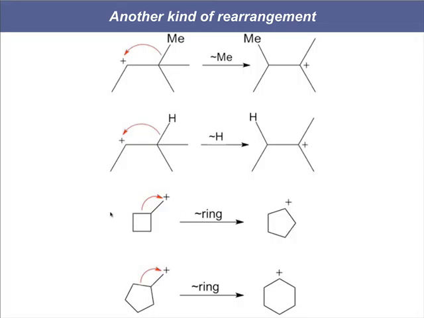That will happen very rapidly because the product is so much more stable than where we started. So you can go from a 4-membered ring to a 5-membered ring, or from a 5-membered ring to a 6-membered ring. You could also theoretically shift from a 7-membered ring down to a 6-membered ring. Ideally, you'd always go to a 5 or a 6-membered ring.